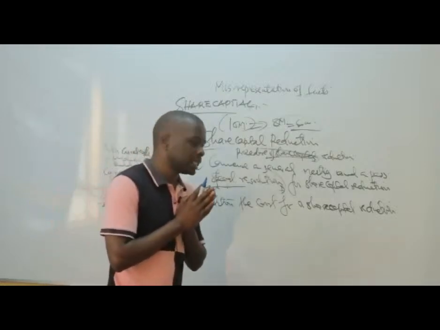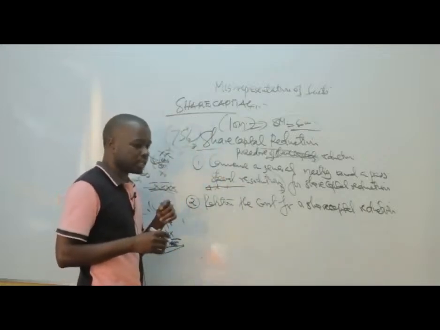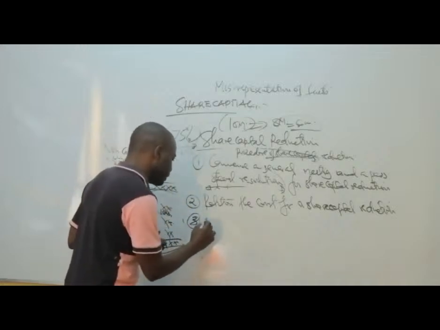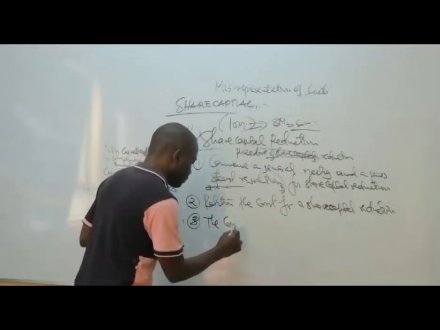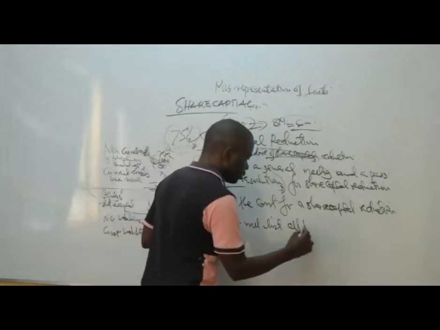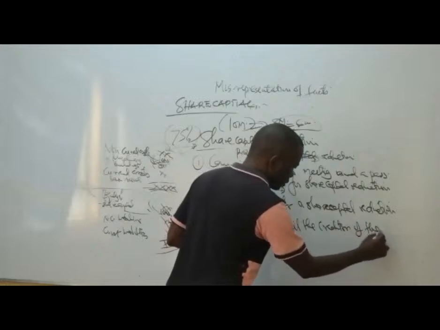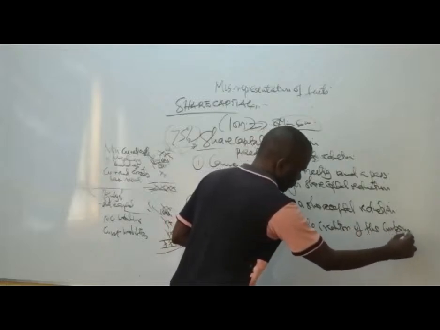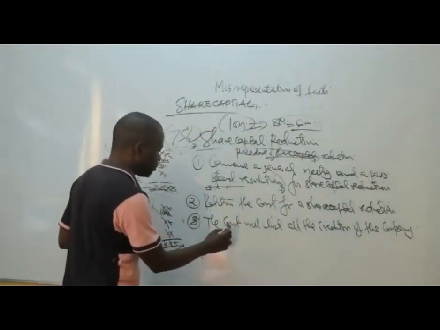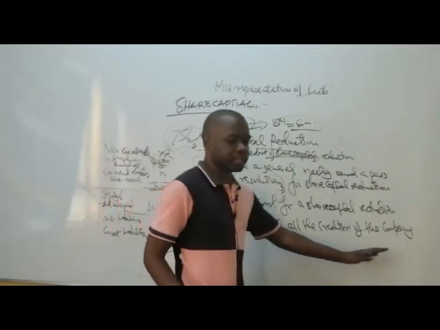Once they have presented it, there are several things that will happen during that process in the court. Number one, the court will prepare a list of all the creditors of the company.